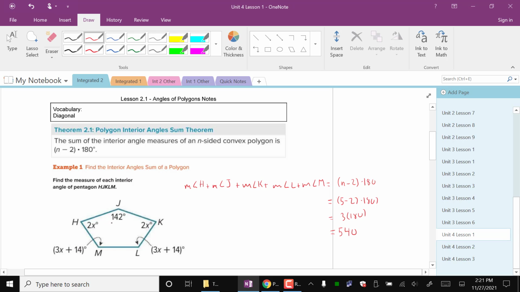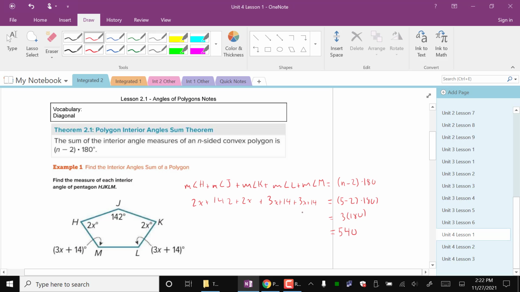And all these angles: angle H is 2x, angle J is 142, angle K is also 2x. So H and K have the same angle. Angle L is going to be 3x plus 14, and angle M is also going to be 3x plus 14.